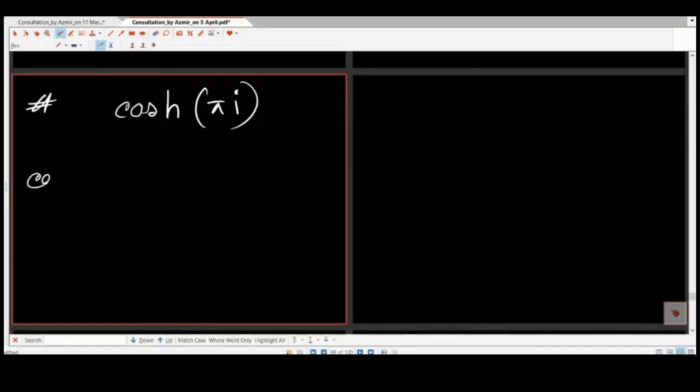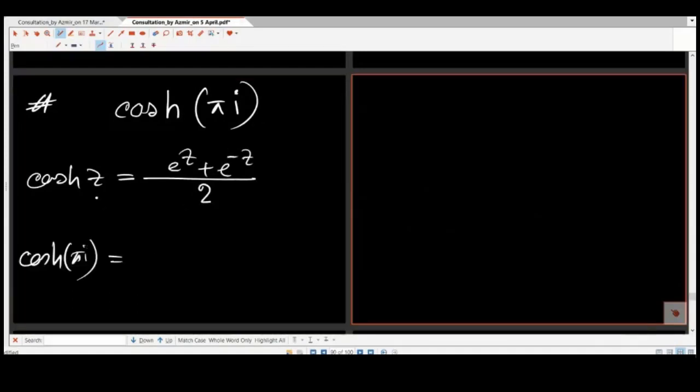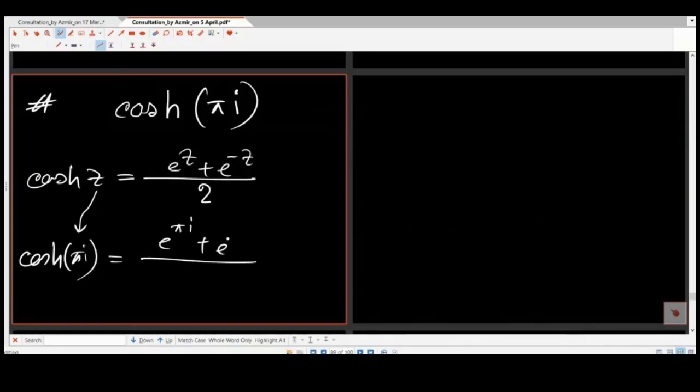We know that hyperbolic cosine z is (e to the z plus e to the minus z) over 2. So let's input z equals pi i. We have (e to the pi i plus e to the minus pi i) over 2. Where we have z, we have plugged in pi i. So we can see that on the right side we have only one value.